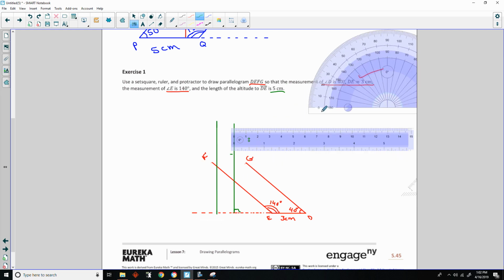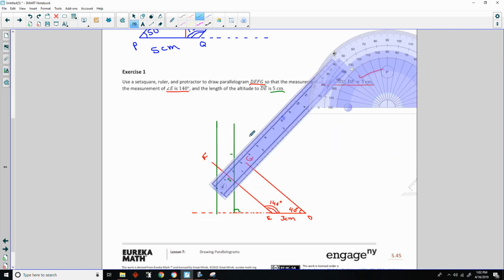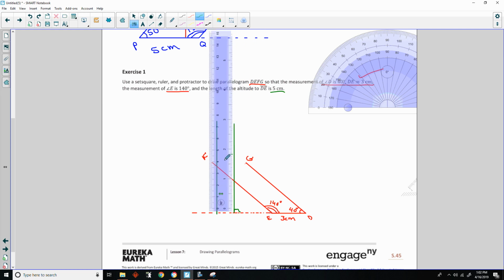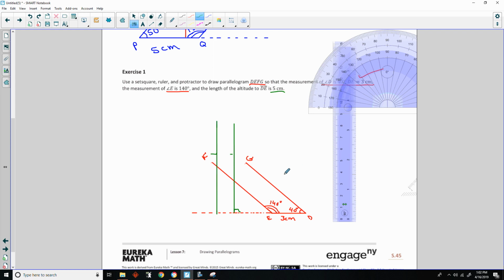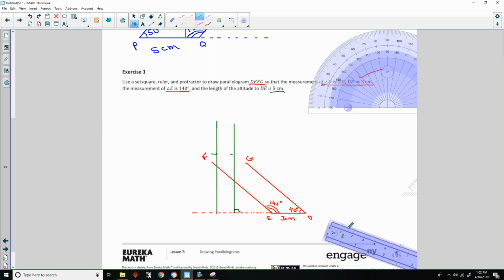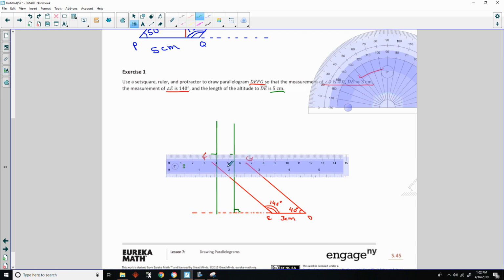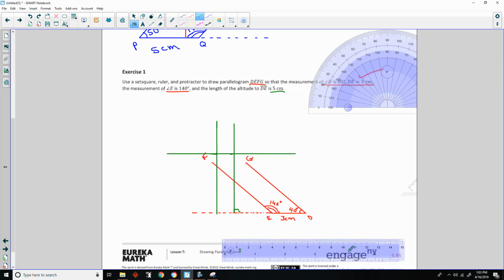And then measure that one to be 5 centimeters. Right there. Okay. So now I'm going to rotate my ruler. I have 2 marks that are 5 centimeters from, like so, and I draw this segment here.